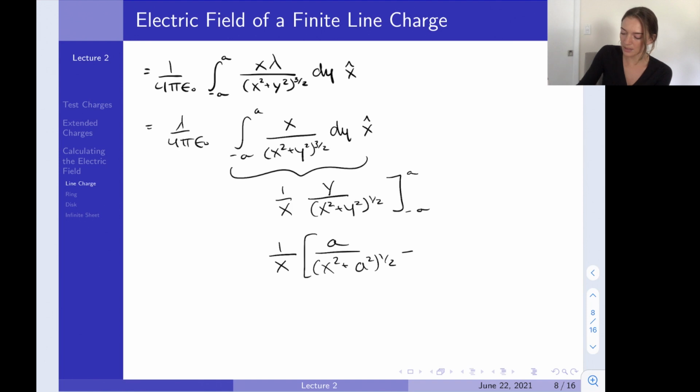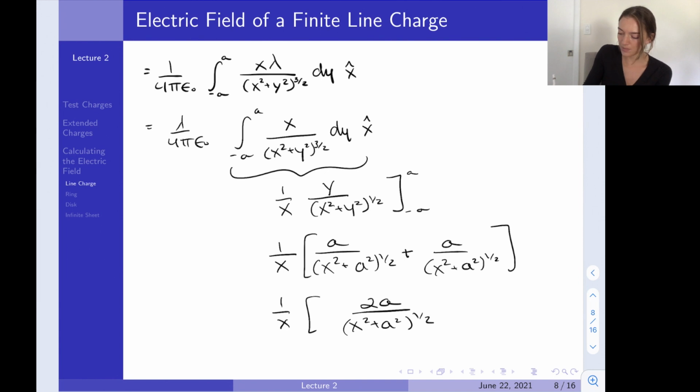And then we subtract negative a, x squared plus a squared to the 1/2. We have a minus minus, so we can just make this a plus. And so this becomes 1 over x, and then we have 2a over x squared plus a squared to the 1/2.